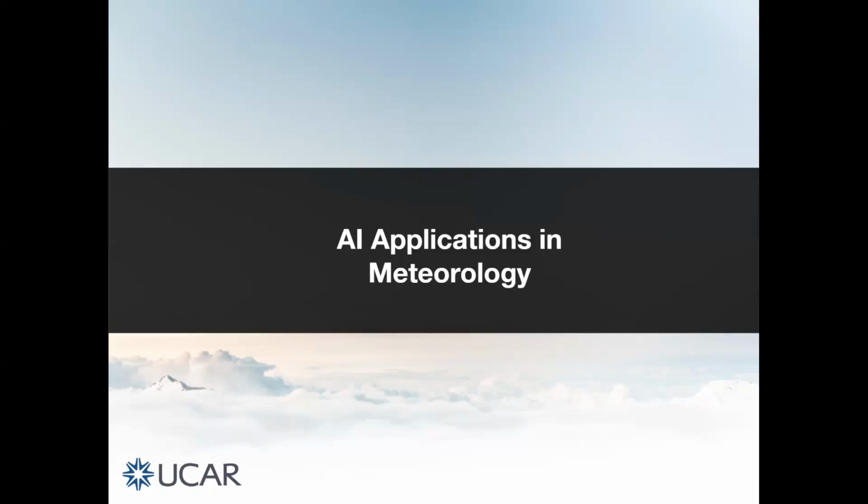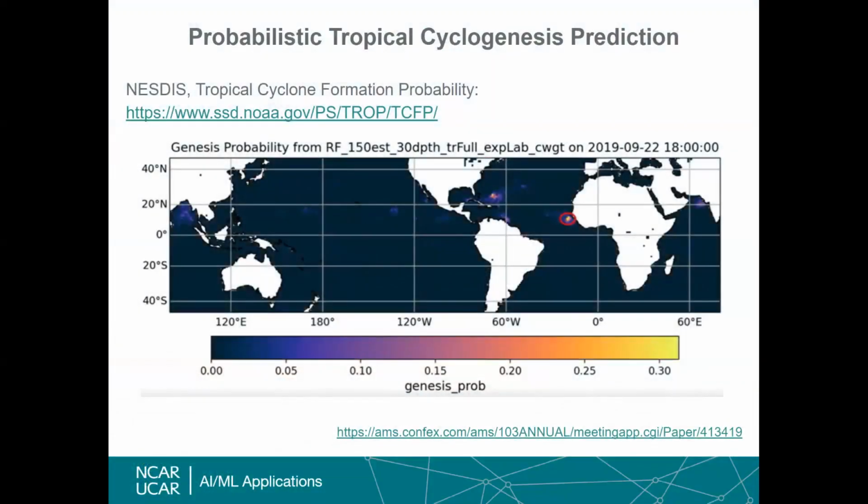So I'm going to talk today about places where AI is already or very close to being involved in meteorology and forecasting. So I'll go through a few examples here, and then give my thoughts on some general themes of where AI is today. So with that, I'll dive in.